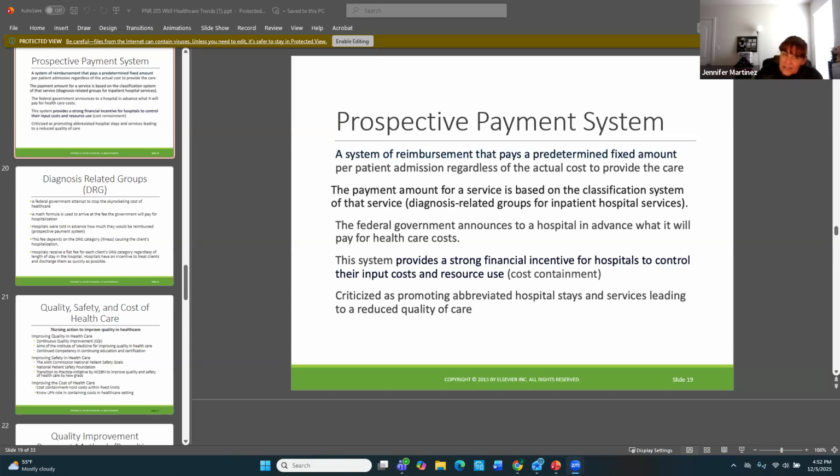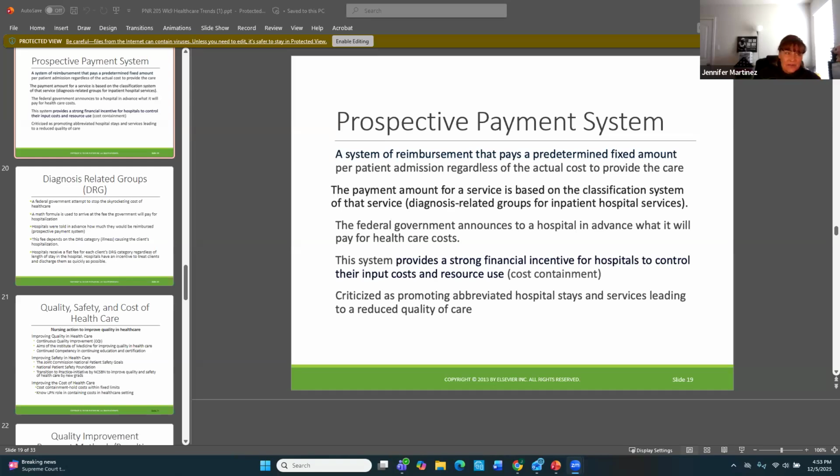The problem with this system is it may cause somebody to be discharged from the hospital before they're ready to get discharged. It also can result in a decrease in quality of care, right? Because we're just trying to treat you and get you out, so that we can make some money off of the reimbursement that we're receiving.